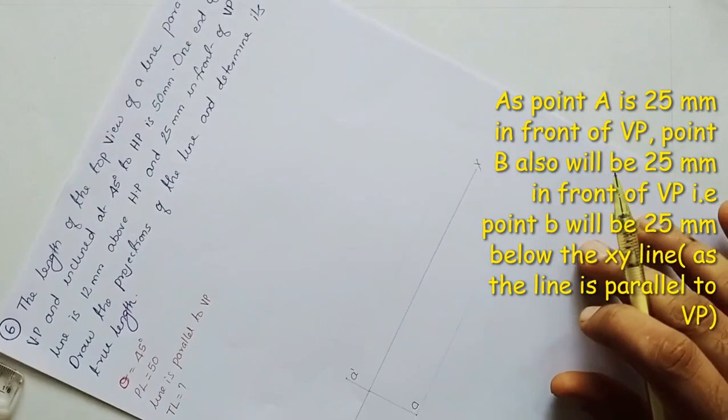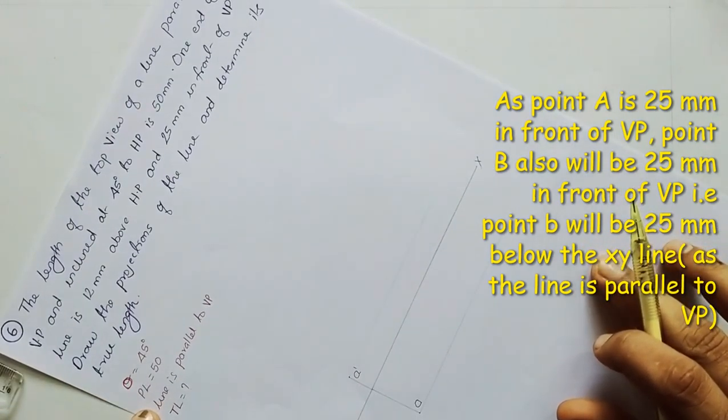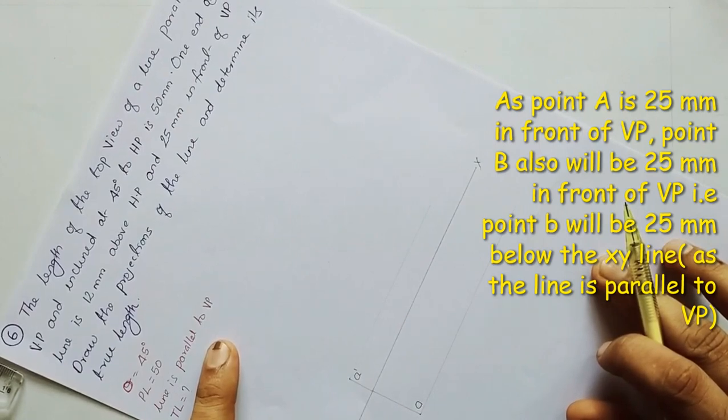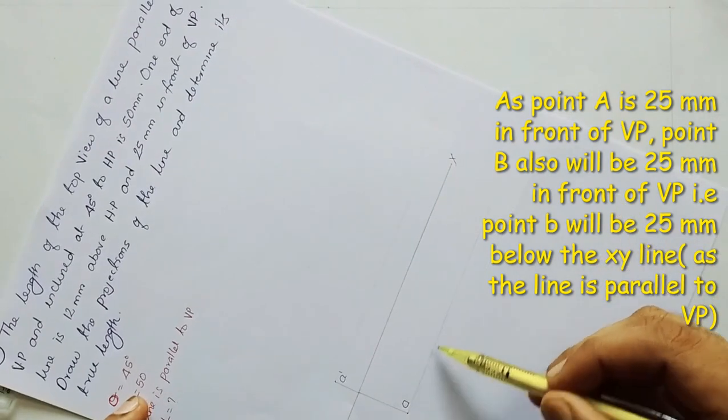Now, in this case, the length of the top view is given. The length of the top view is 50 mm. As the line is parallel to VP, definitely its top view will be parallel to the XY line, and this particular top view has a length of 50 mm. That is what is mentioned in the question. So let us draw this 50 mm length through this reference line.